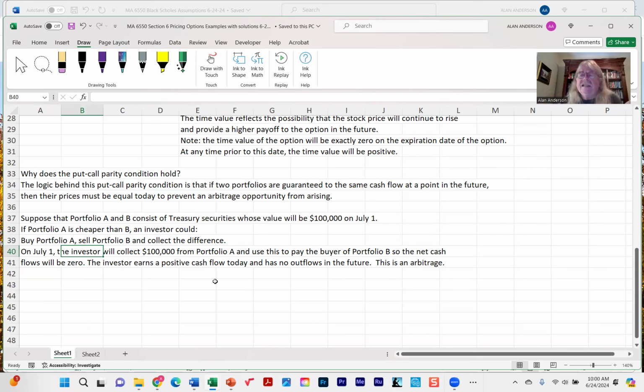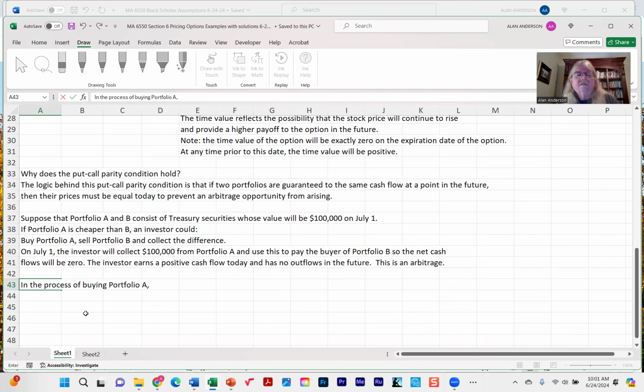Now, you know that that can't happen in an efficient market, but if it does, and occasionally it does happen in the real world, even at this point in time, most likely what will happen is somebody will notice this and jump in and take care of this. And in the process, the arbitrage will disappear very quickly, because in the process of buying portfolio A, the price will rise.